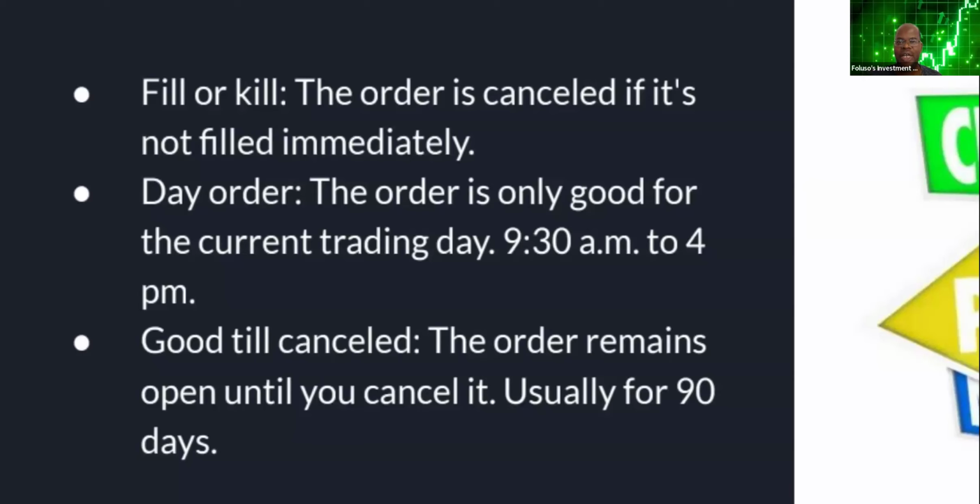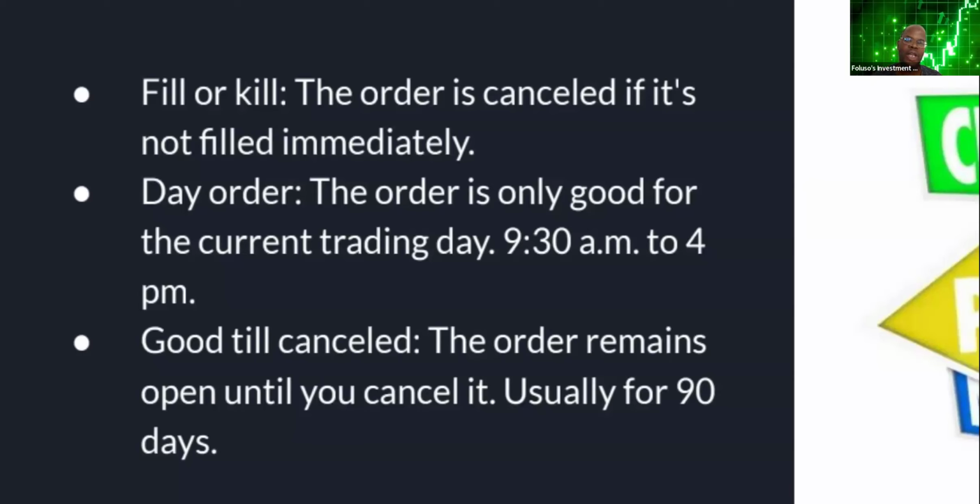Then there is a day order. A day order is only good between 9:30 and 4 p.m., that is, during the market hours. But good till canceled means you're willing to leave it there for usually 90 days.